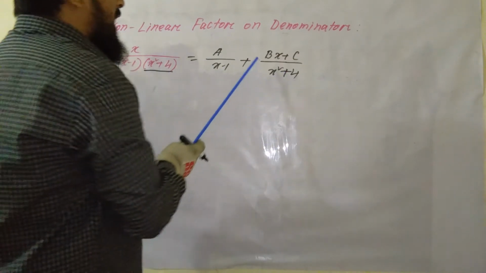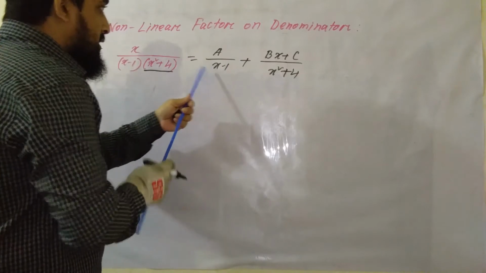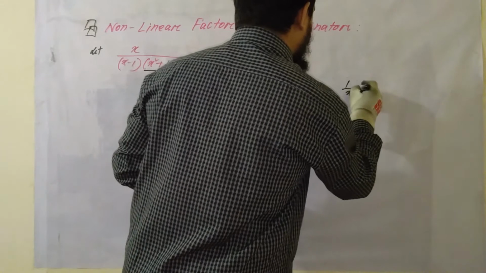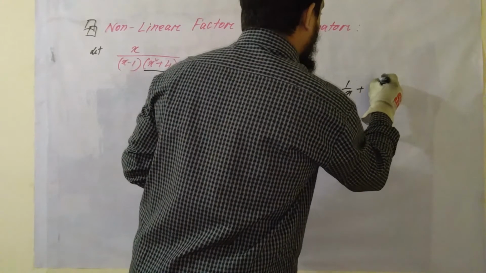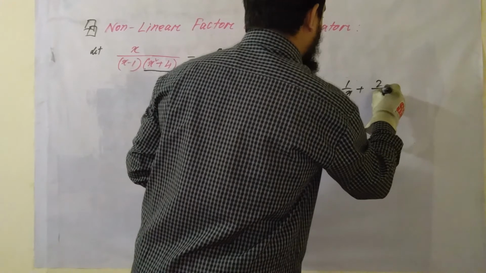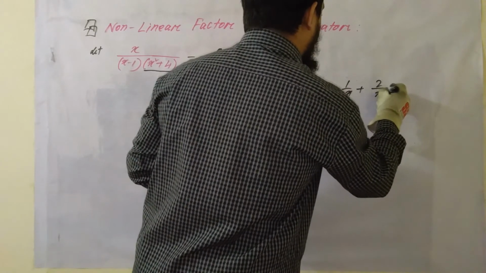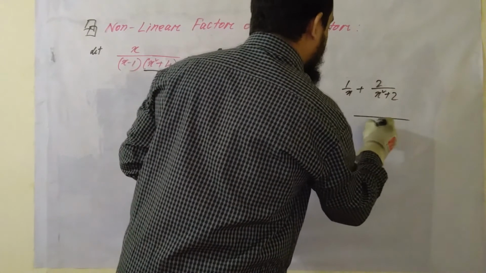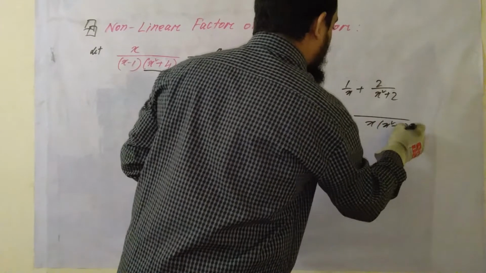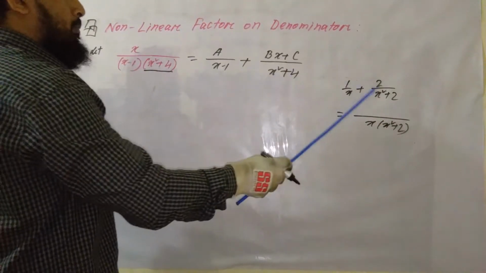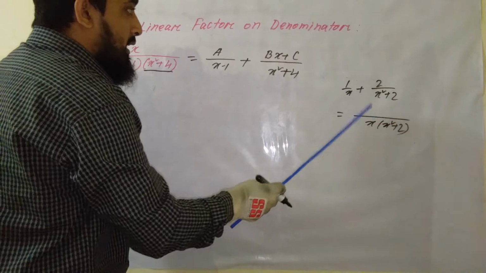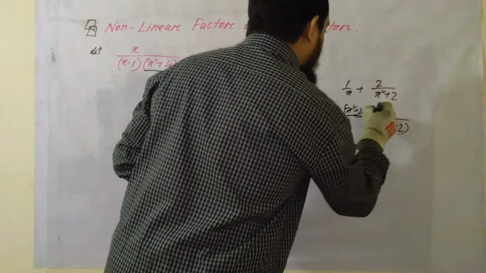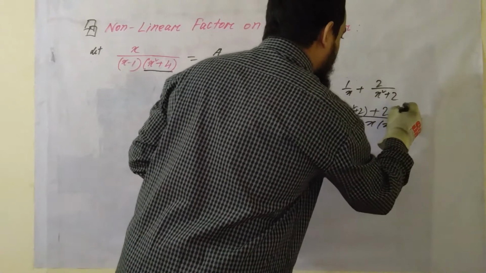Suppose I write it like this: 1 by x plus 2 by (x square plus 2). Look, for simplification, the denominator is x into (x square plus 2). When you do the conversion, we write x square plus 2 from here, plus 2 from here times x.